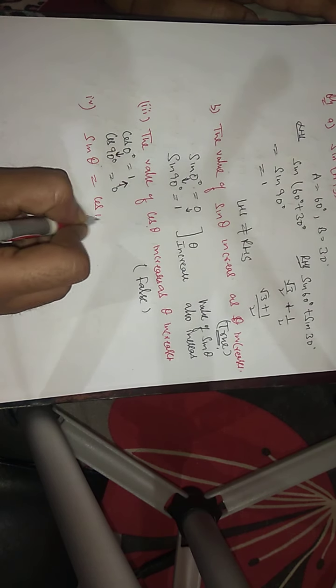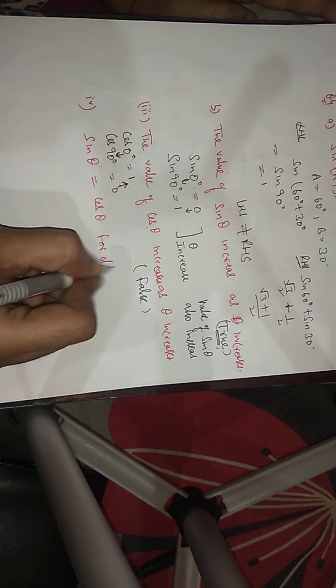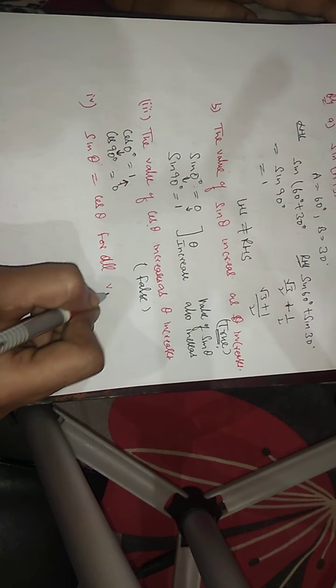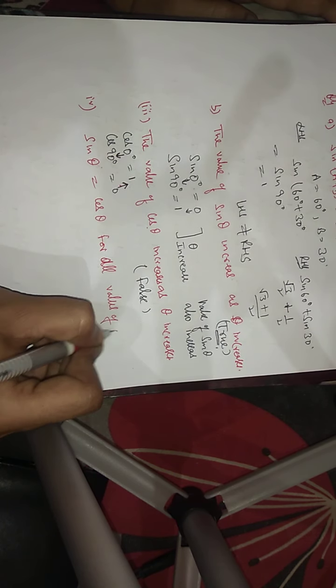Okay, so now let's move to part number 4. In part number 4, we are given that sin theta is equal to cos theta for all values of theta. This is also a wrong statement.